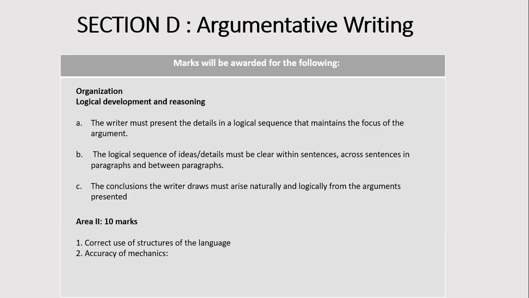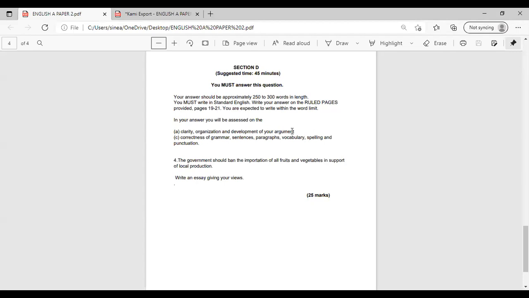So let's go on to look at an example of an argument. Okay, so as we know, section D, we are also expected to write this in 45 minutes, an average suggested time of 45 minutes. Your answer should be approximately 250 to 300 word length.